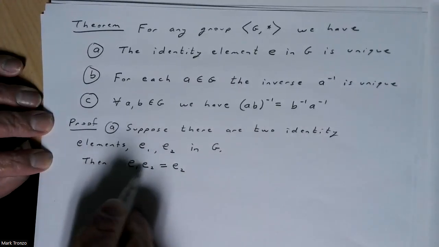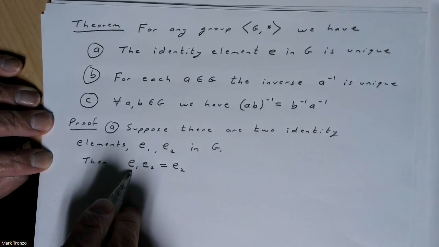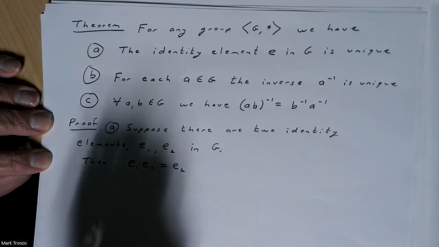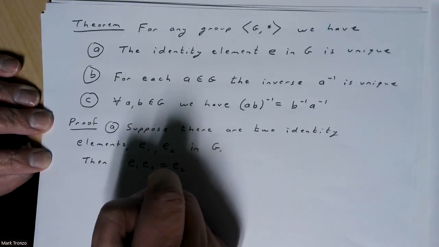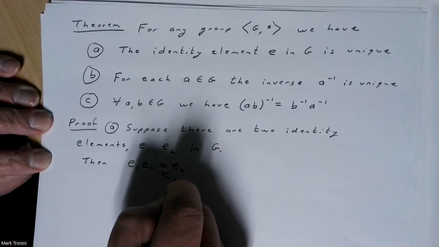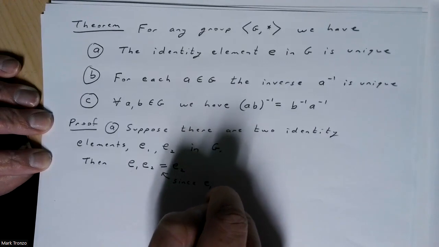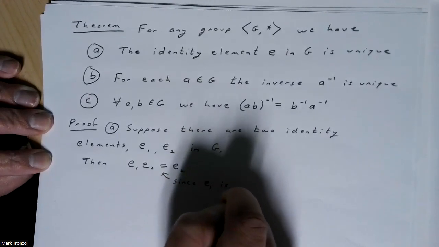Because if E1 is the identity, then when you take E1 with E2, you're going to get E2 back.